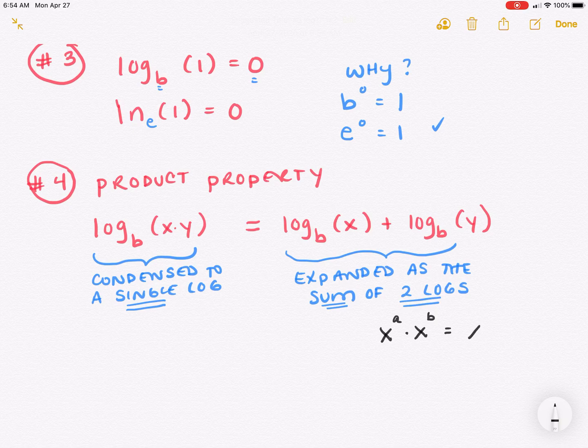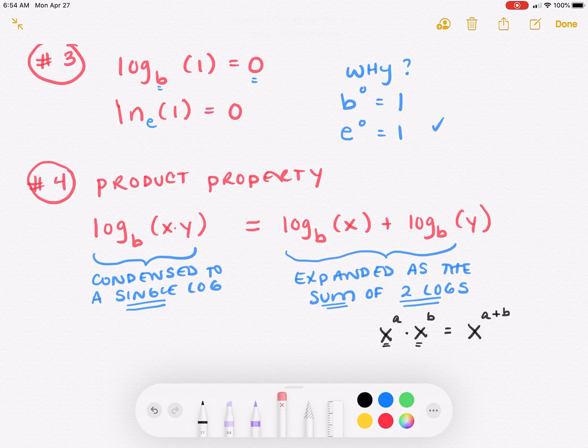We can condense it to a single base x if we rewrite it as a plus b. So in a way, we're using this exponent property, but we're using it backwards. To go backwards, we write the two bases as the sum. Anyway, I hope that makes a little bit of sense, that we are basically using the same thing but backwards.